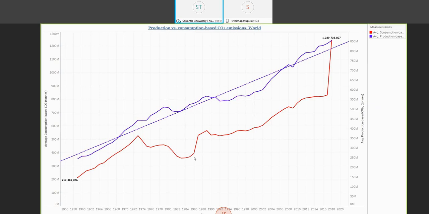We could see that production-based emissions have stagnated, whereas consumption-based CO2 has been steadily increasing over the years. On the other side, we can see that there are several rich countries where production and consumption-based emissions have declined, whereas in most countries, emissions increased as countries became richer, but this is not necessarily the case.